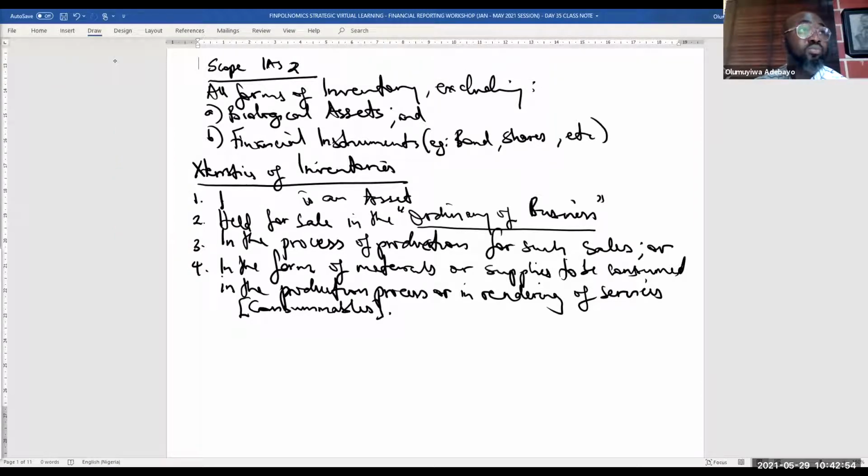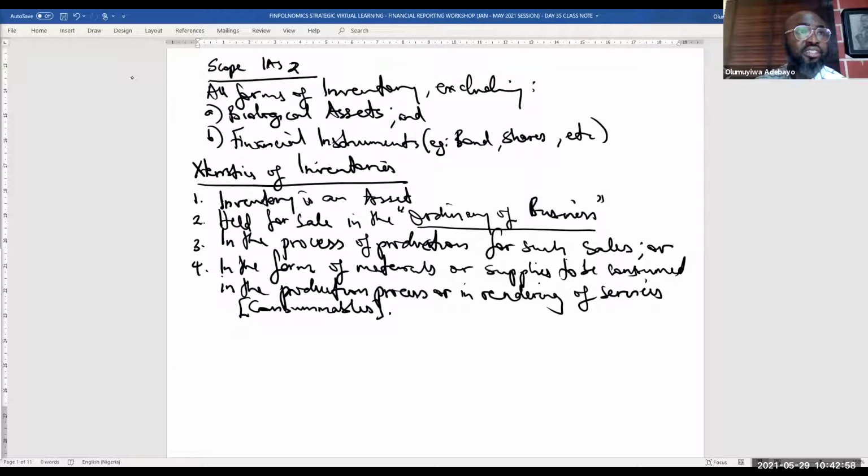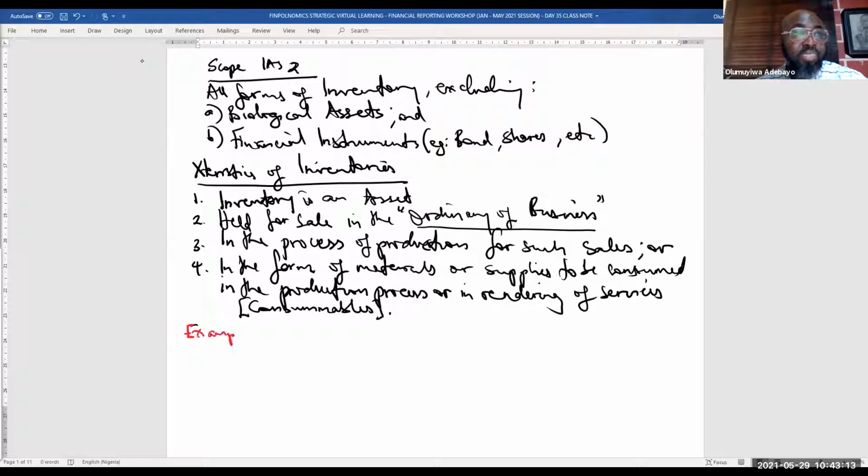Now, do we really know what inventory is merely by looking at this definition? Let's give examples of inventory and critically examine them, whether they really qualify as inventory.